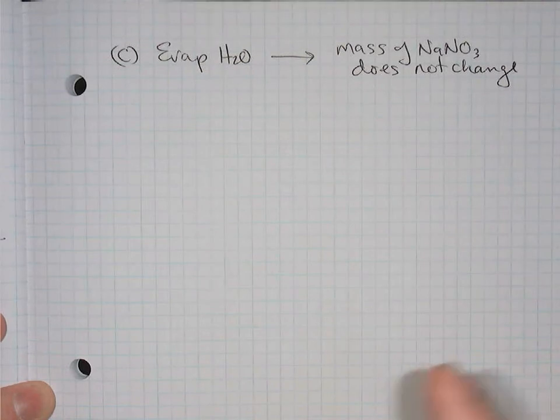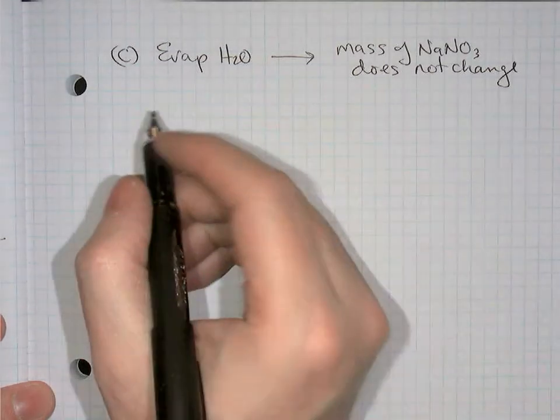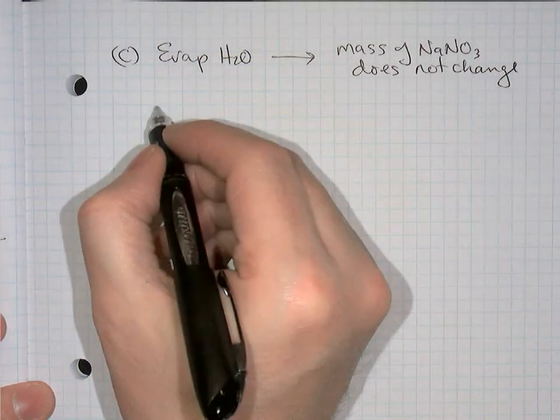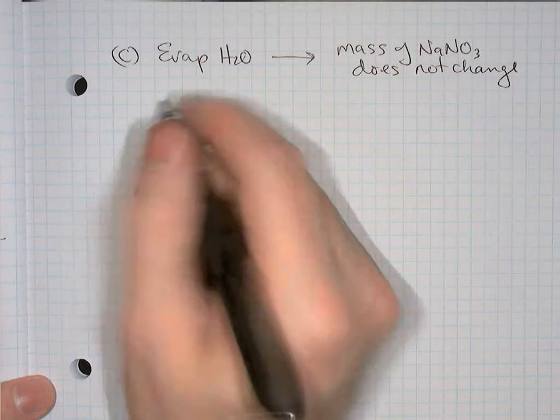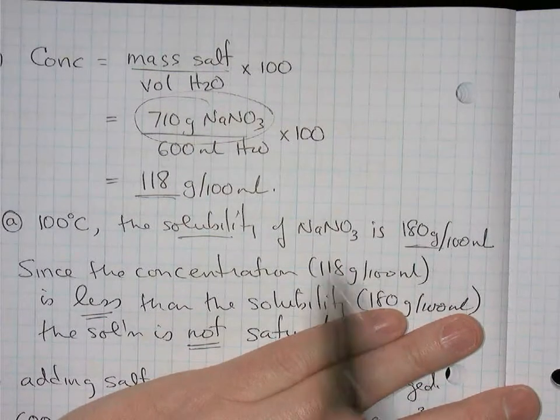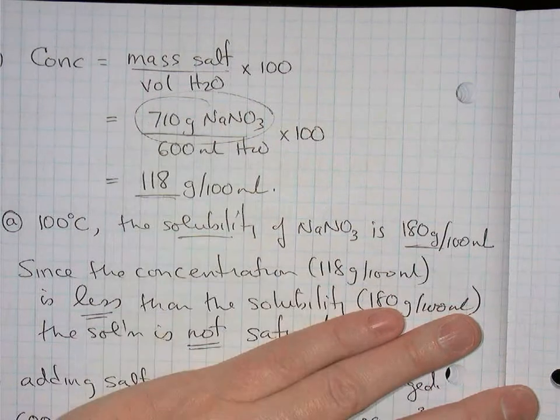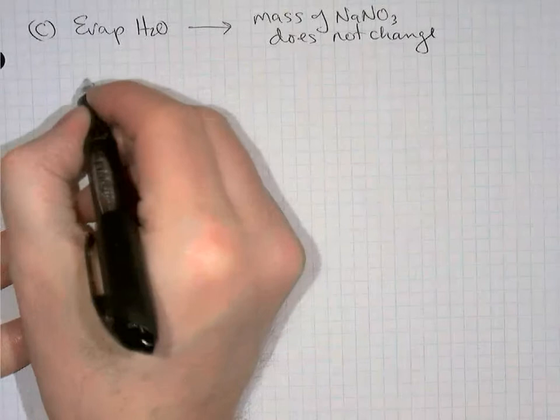You're not evaporating the salt, you're evaporating the water. So the water's escaping, not the salt. So what I'm going to do now is start with the mass of salt that the student used. Again, to remind ourselves, we look back at the beginning, they used 710 grams of salt. So let's take 710 grams of salt.